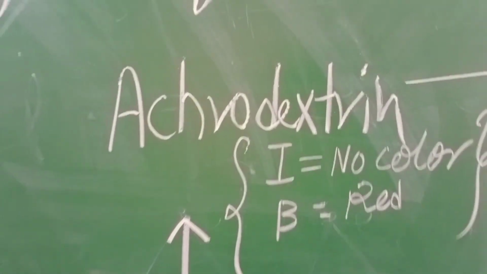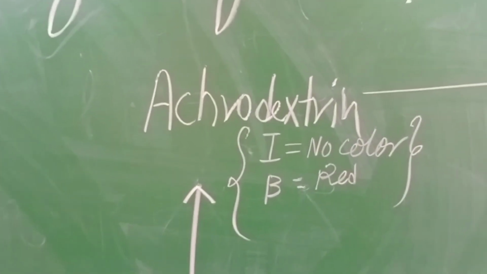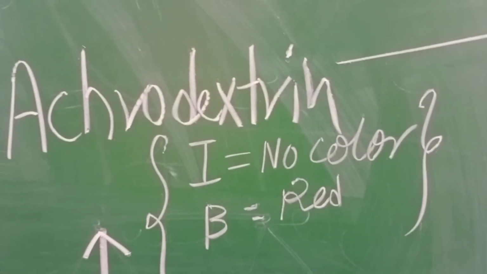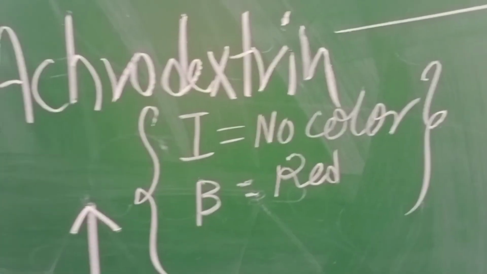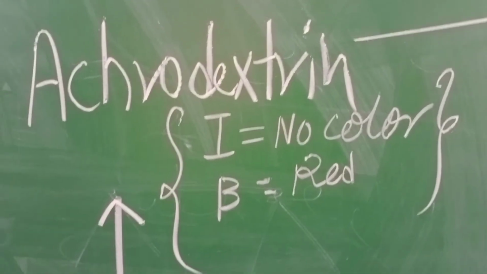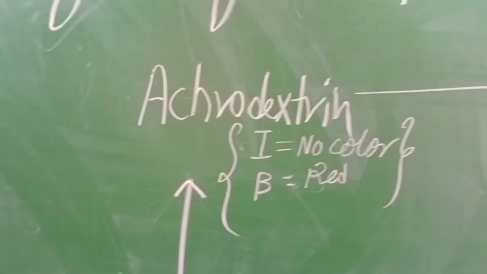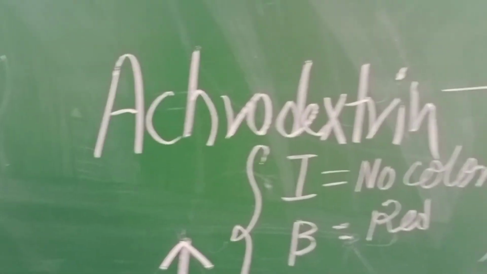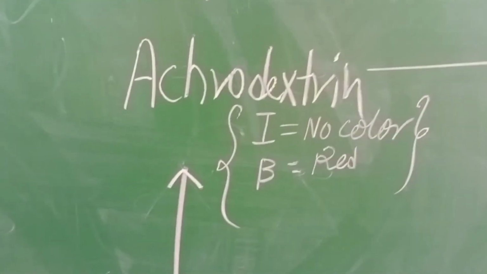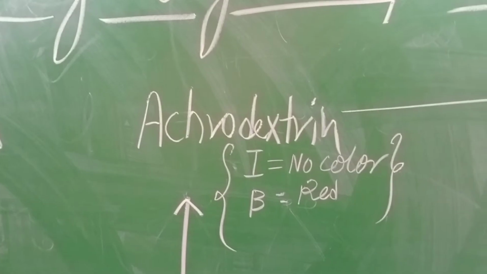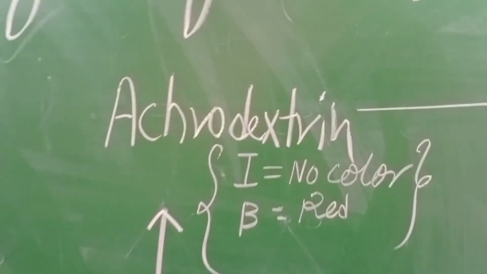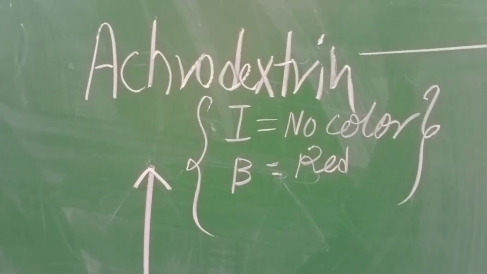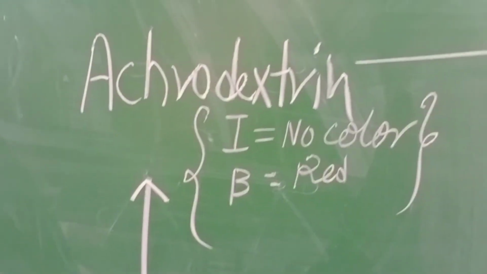So acrodextrin is the third intermediate product, and the formation of acrodextrin can be confirmed by reacting it: we are getting no color with the iodine, and once this product is treated with the Benedict, we are getting a red color.